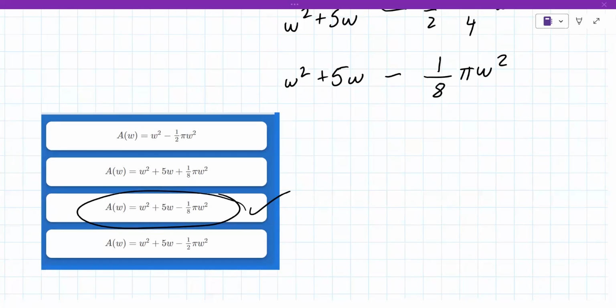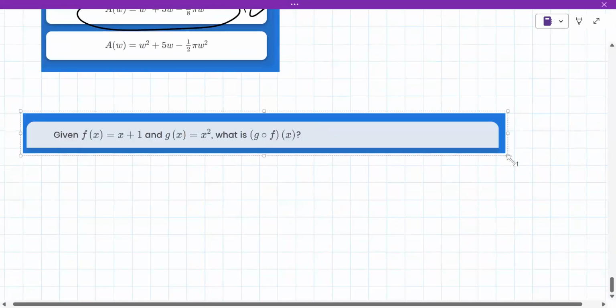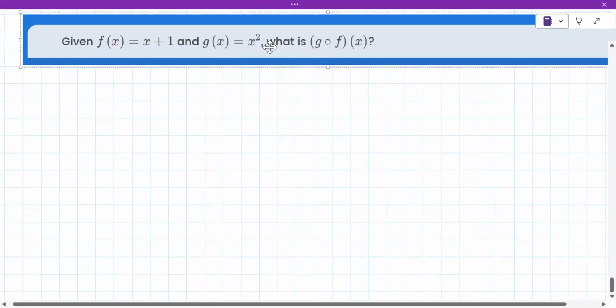All right, new question here. It says given f of x equals x plus 1 and g of x equals x squared, what is g composite f? That little bubble there means composite.